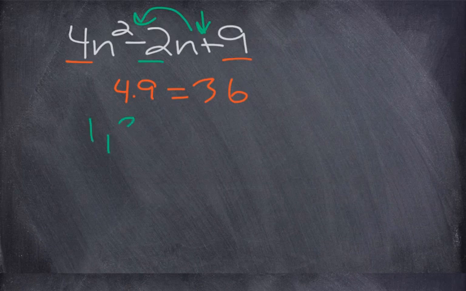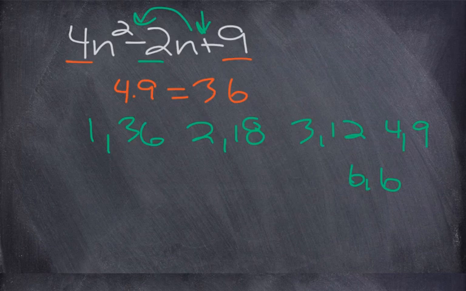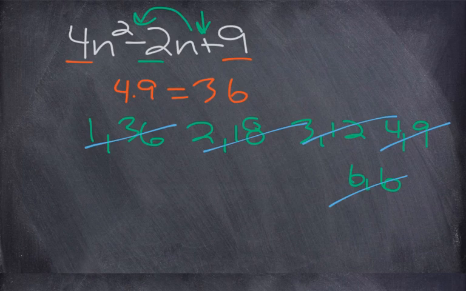When you think about it, all the factors of 36, which one of these add up to 2? None of them add up to 2. Those don't add up to 2. No, no, no, no. That means this trinomial cannot be factored into 2 parentheses. So it's considered a prime trinomial or a prime polynomial.